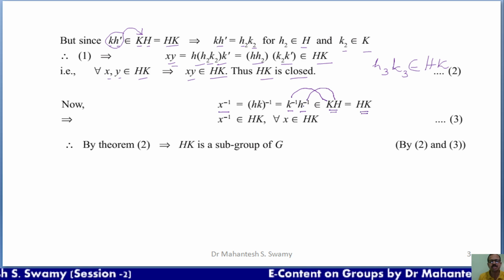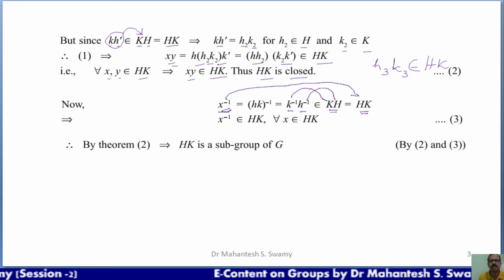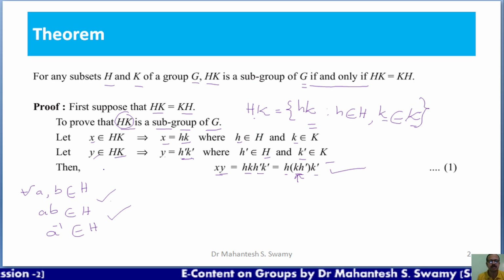Therefore K inverse H inverse must be in HK, which is the value of X inverse. Therefore X inverse must be in HK. So that is what we are having here. X inverse is in HK. So the second condition, what we were intending to prove, we have proved.